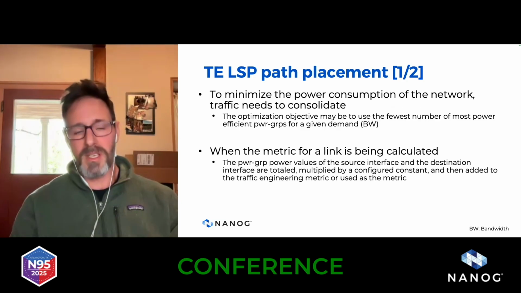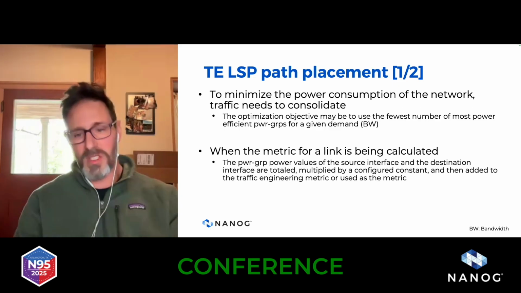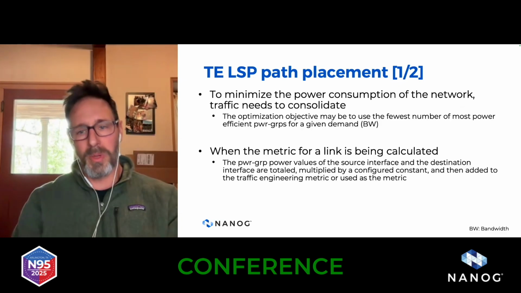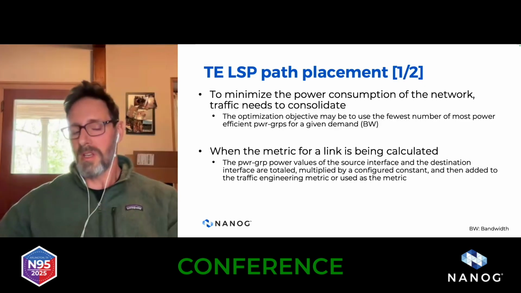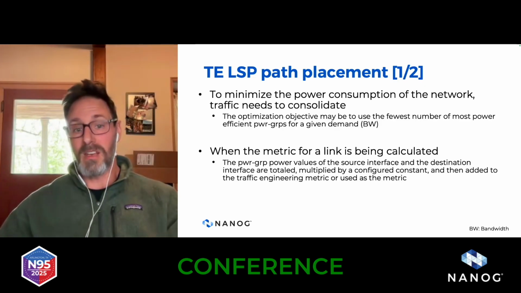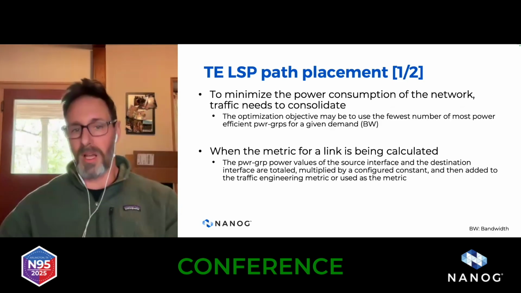The reason for this is that we want to normalize things so that if a very efficient or very low power group is connected to a neighbor's interface or neighbor's power group that is very inefficient or using a lot of power, we need to normalize the metrics.